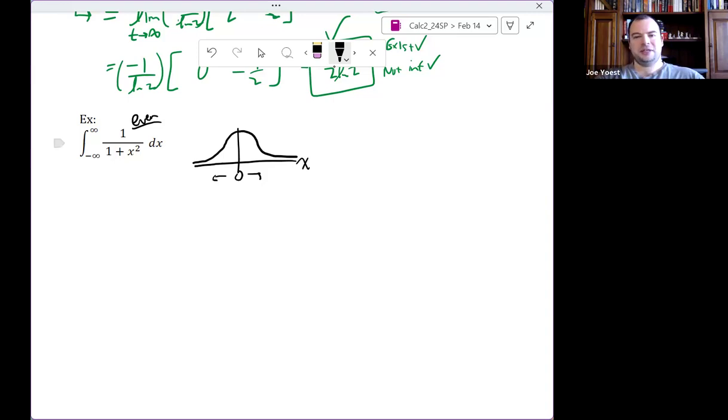Now I have a doubly infinite region of integration here. I need to pick a place to split it. I think 0 would be a good place. So splitting it at 0 seems pretty promising.